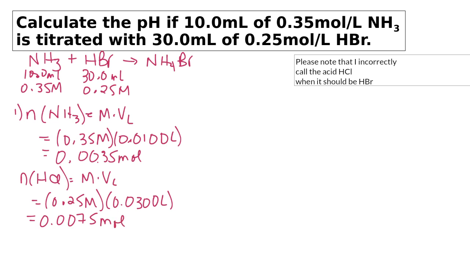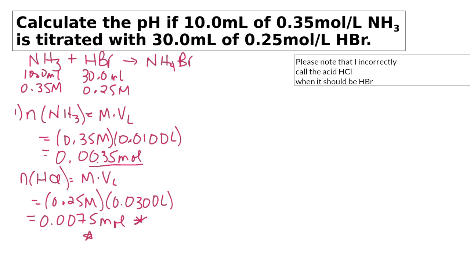0.0075 mole. Now, it's not at equivalence point. If it was, those moles of ammonia and HCl would be equal, and they're not. And you can tell that HCl is in excess. Now, the thing is that this 0.0035 moles of ammonia has reacted away some of these HCl molecules.